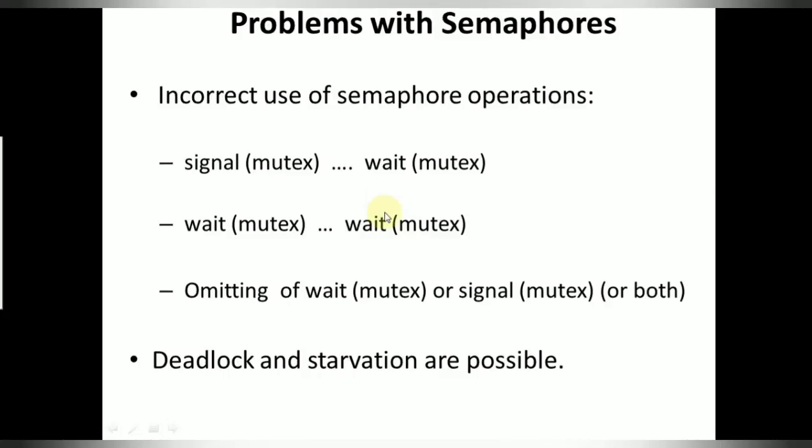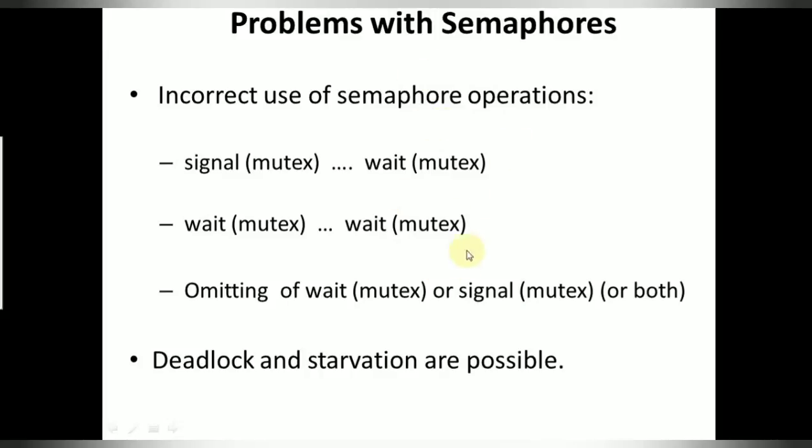It is continuously holding the critical section and there are other processes waiting to enter the critical section. Or the last scenario, where wait mutex or signal mutex is omitted, if one of them is omitted, it may lead to deadlock issues.